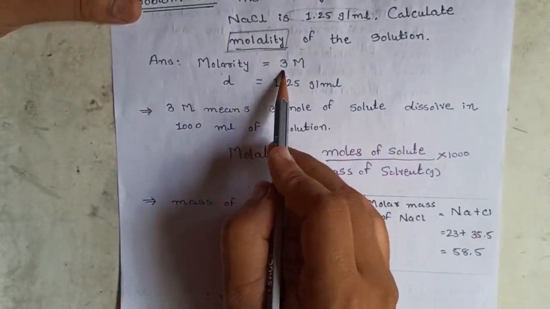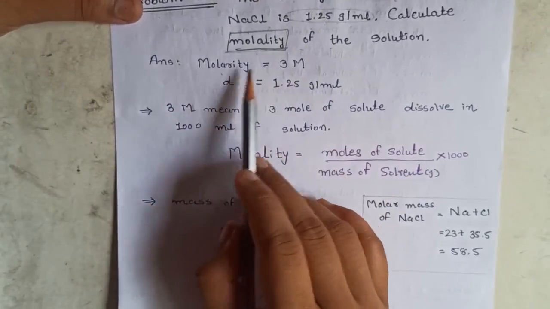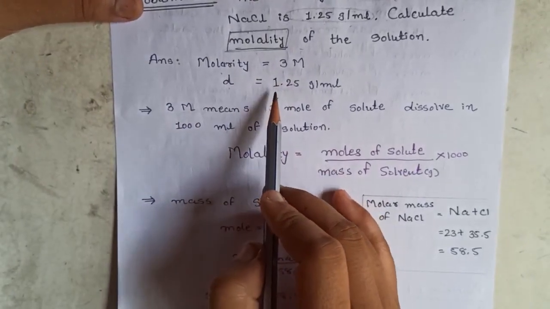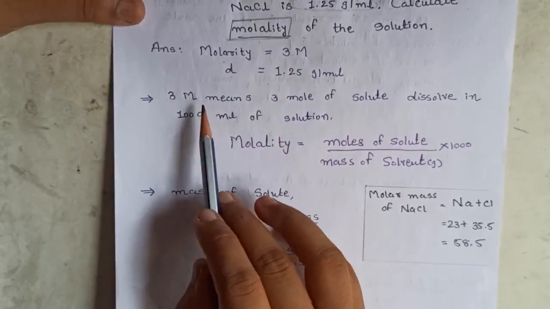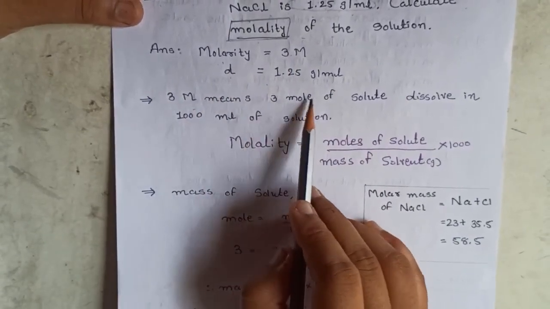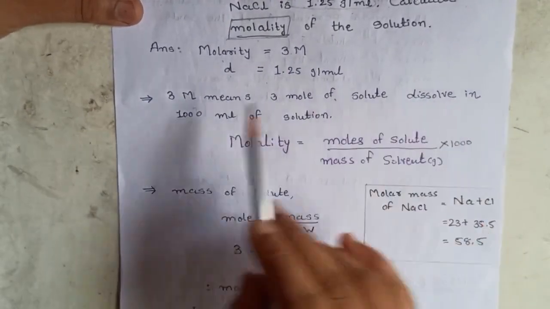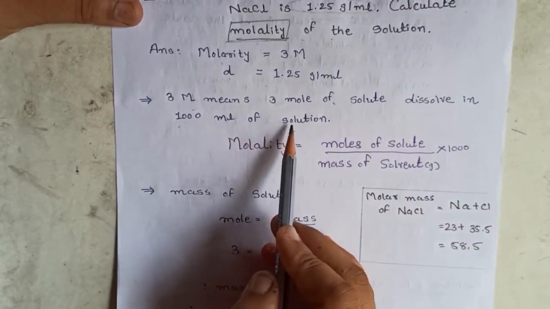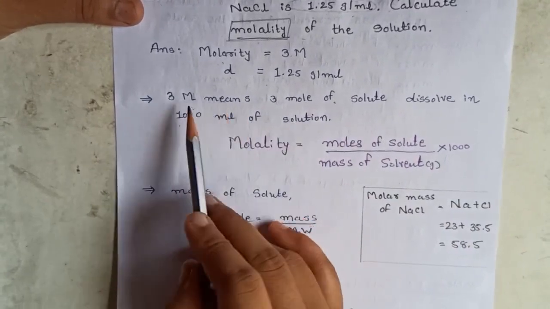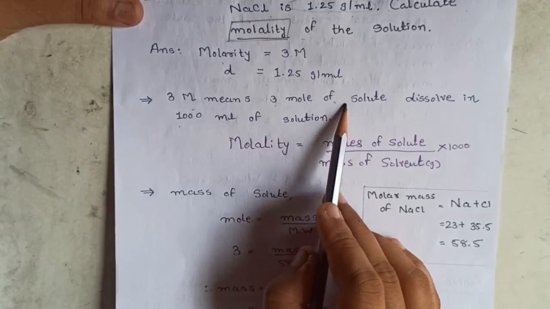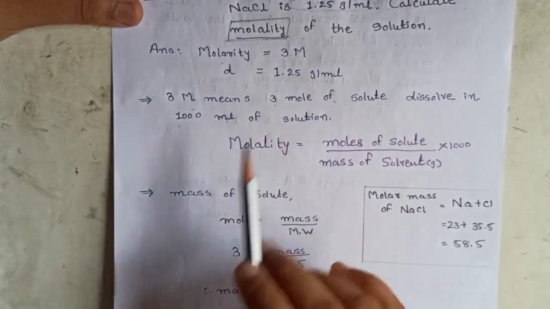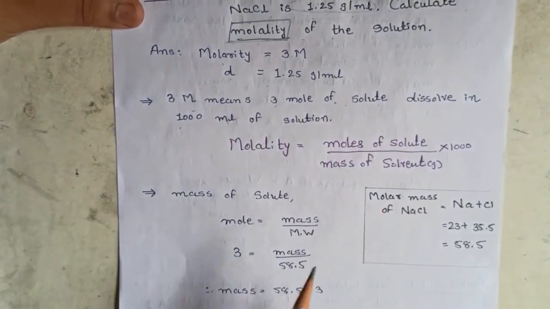Means molarity of solution is given and density of solution is given. 3 molar solution means we can say that 3 mole of solute dissolve in 1000 ml of solution, right?